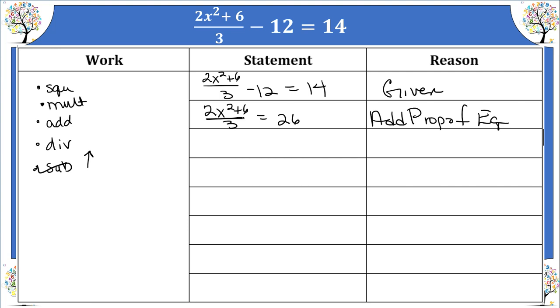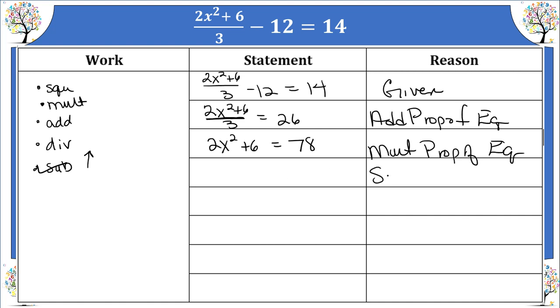Then we're going to get rid of dividing by multiplying. So we're going to use the multiplication property of equality. So we're going to multiply both sides times 3. And when I multiply by 3, if it was 25, that would be 75. With 3 more would be 78.